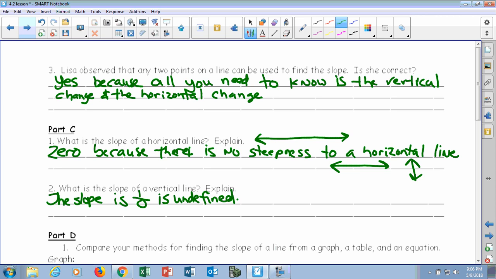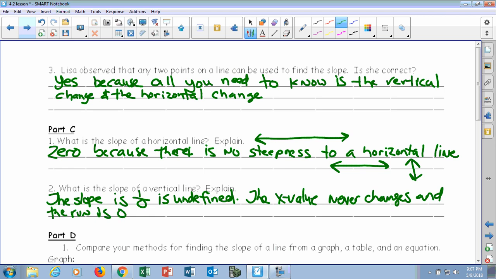Okay, so 1 over 0, because this line only goes vertical. It doesn't go horizontal. So you'll have your rise over your run. You will never have a run, and that's why it's undefined. Okay, so the x value never changes, and the run is 0.